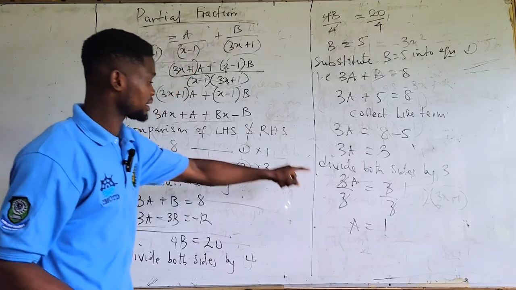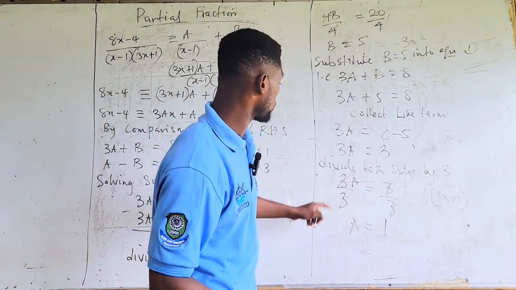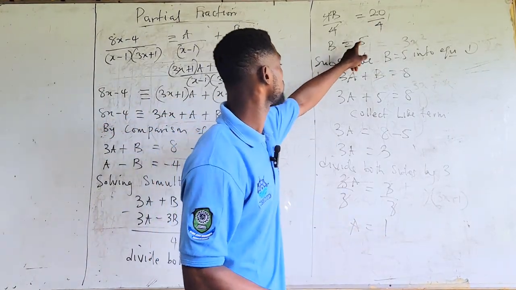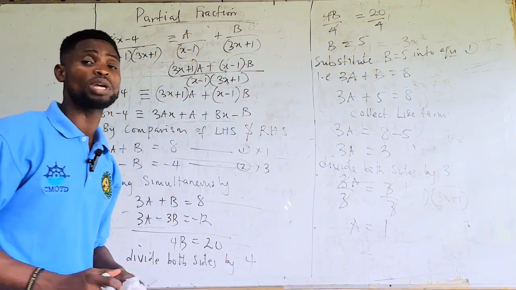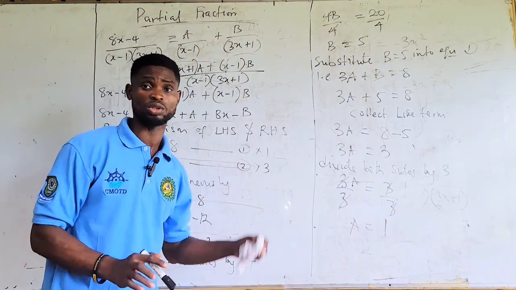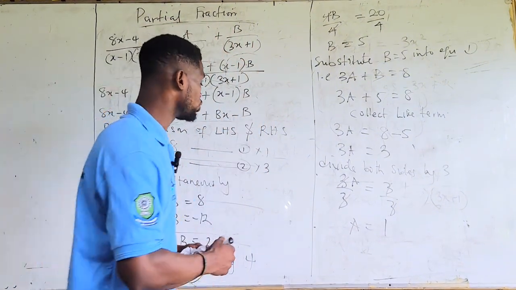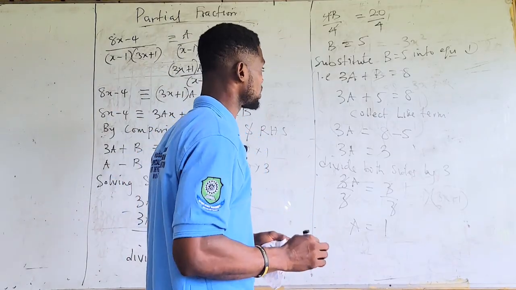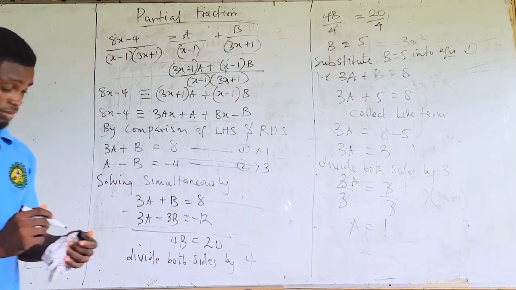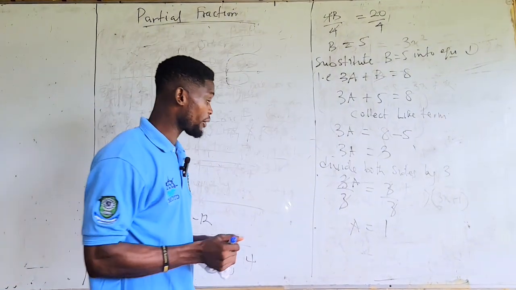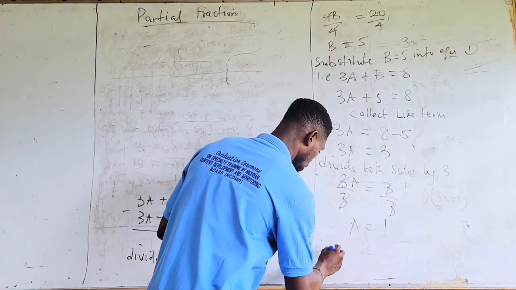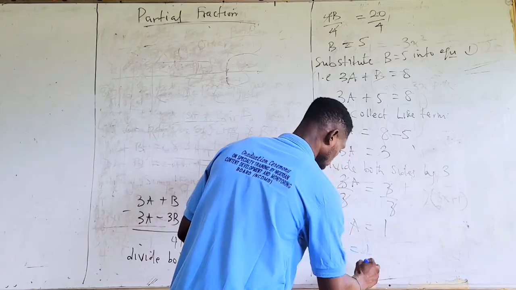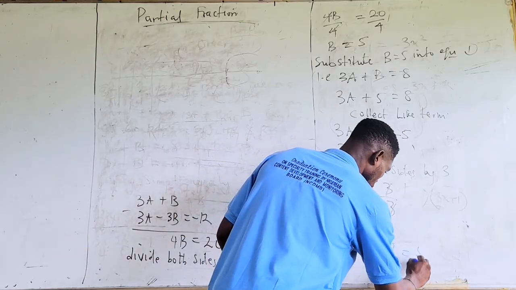Therefore, we are going to replace a and b, as a is 1 and b is 5. But don't forget, when we are using polynomial division, we write down the quotient. Therefore our a is equals to 1, while our b is equals to 5.